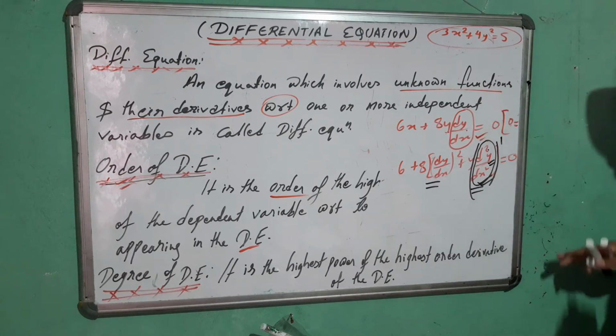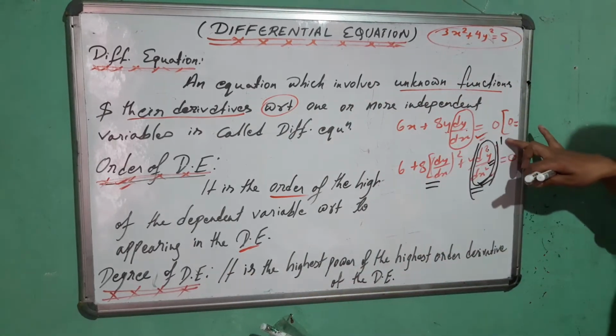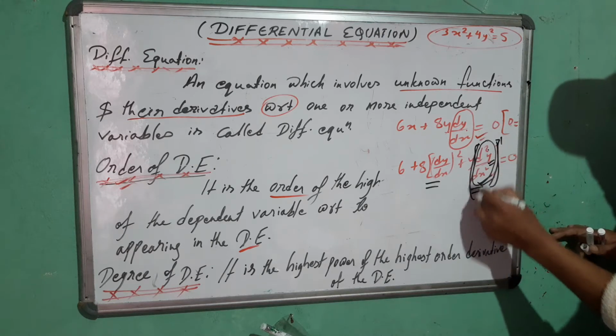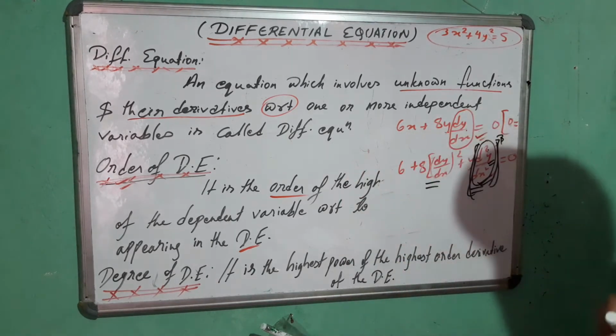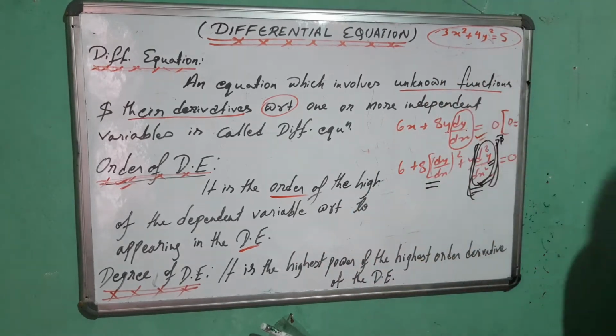Here the power is 1, so the degree of the differential equation will be 1. Suppose its power is 3, then you should say the degree of the differential equation is 3. These things I will explain properly with examples.